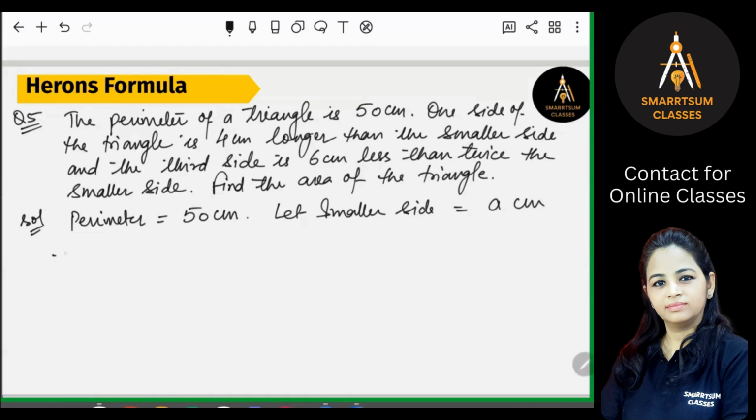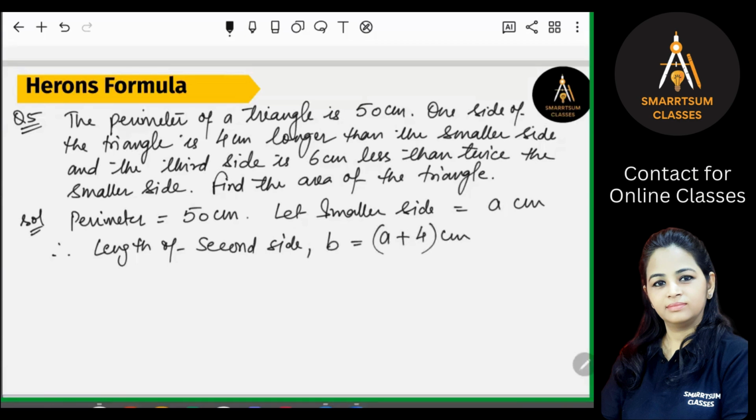So write down, therefore, the length of the other two sides. The length of the second side is 4 centimeter longer than the smaller side. Suppose this second side is B, and this will be equal to A plus 4 centimeter.